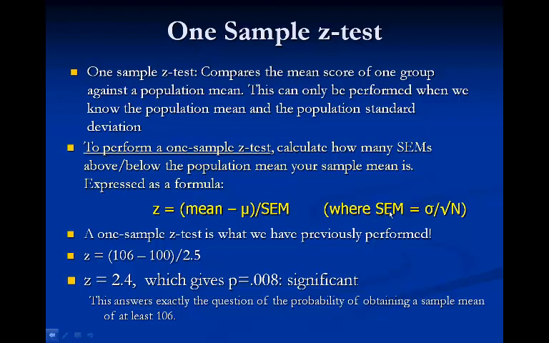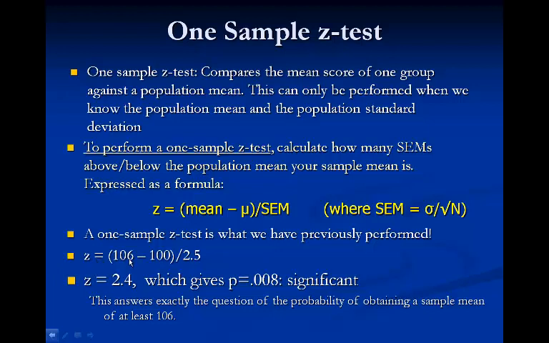And remember, we know from the central limit theorem that the standard error of the mean is the population standard deviation divided by the square root of the sample size. So we've performed this previously, but we're just going to flesh it out with a specific example.